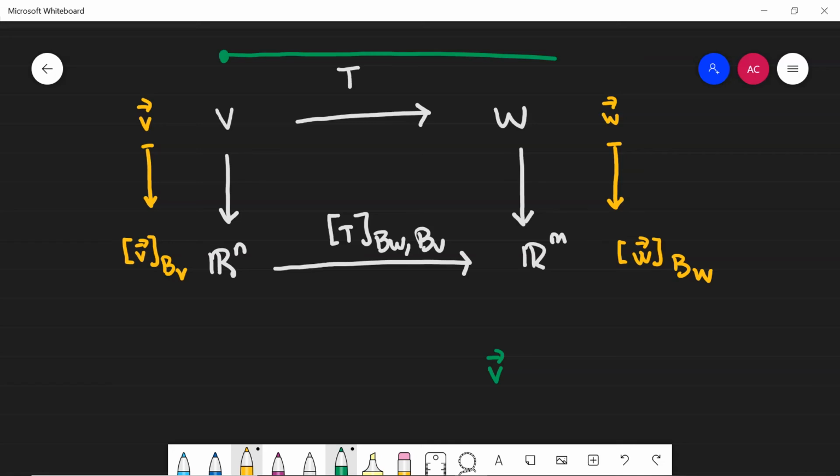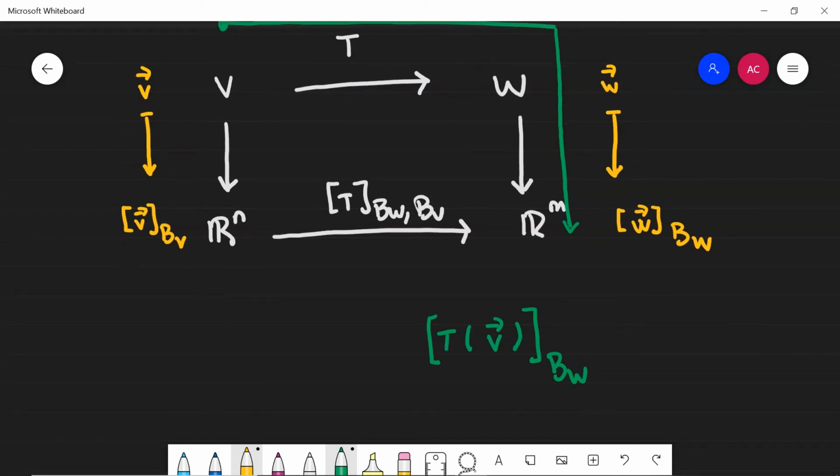That's the first leg of the path, so I'm applying T. And then I look at the coordinate vector with respect to my basis. So the second leg is you look at the coordinate vector.